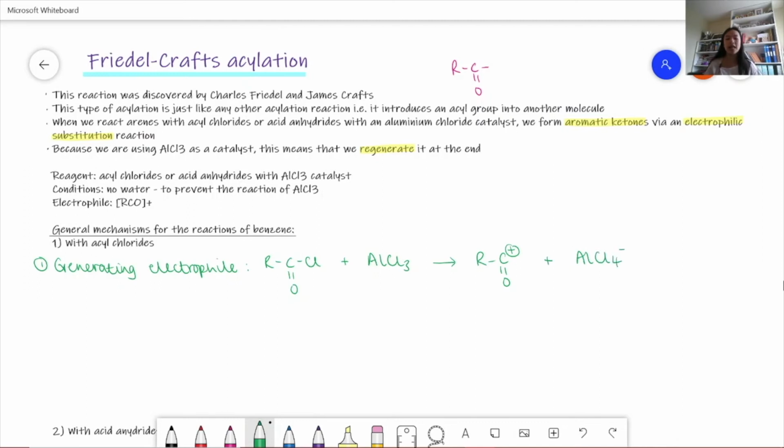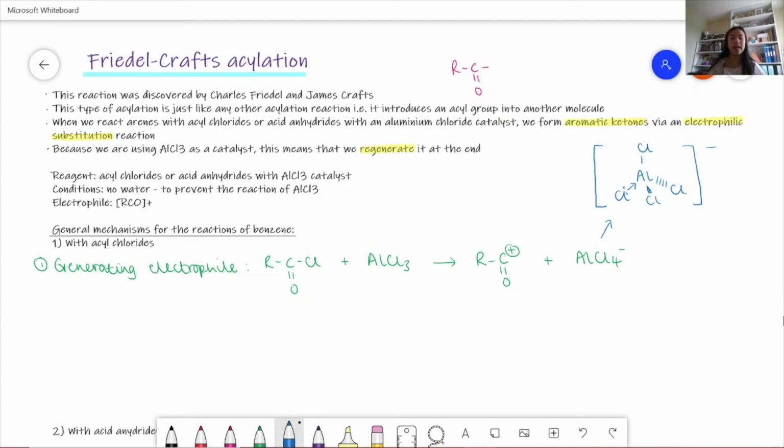AlCl3, sorry. And this AlCl4 is actually a tetrahedral shape, and it'll look a bit like this. So we have aluminium and then Cl, Cl, Cl, and then here we have another chlorine, and this will be a negative ion. And that's because one of these bonds here, let's say this one, is actually a dative covalent bond because both electrons are from the chlorine.